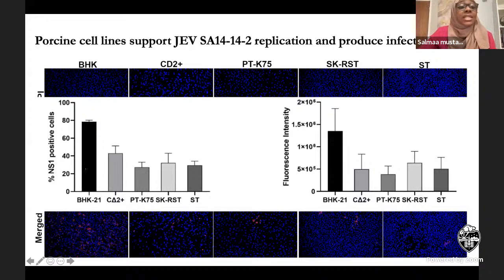If I wasn't seeing anything here, then there's something wrong from the very beginning of my experiment. That's why you always have to have controls in your experiment, okay? And then this is the fluorescence intensity, which means how intense the signals are, which correlates with the amount of proteins or viral particles within the cytoplasm of the cell.